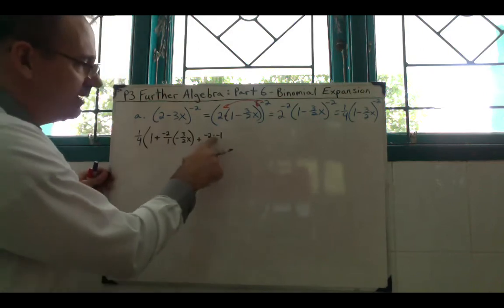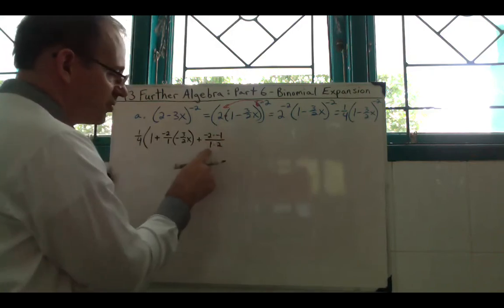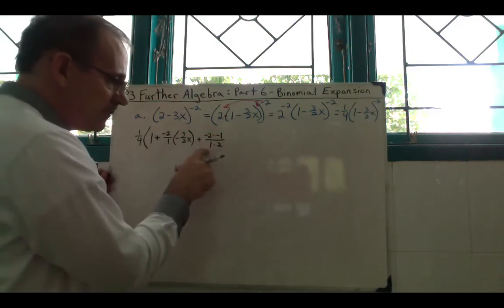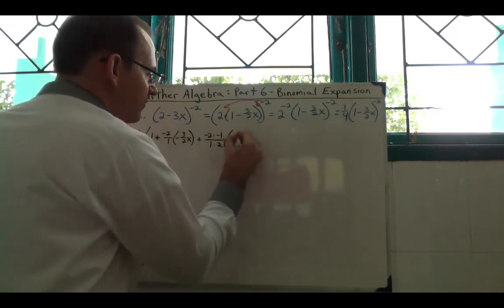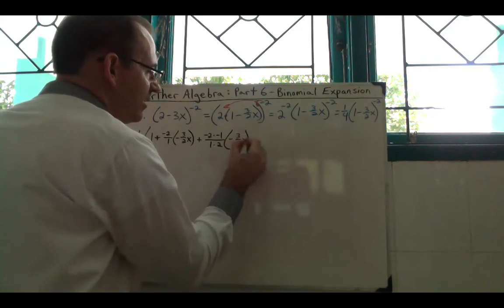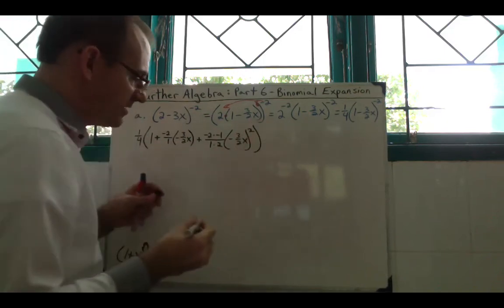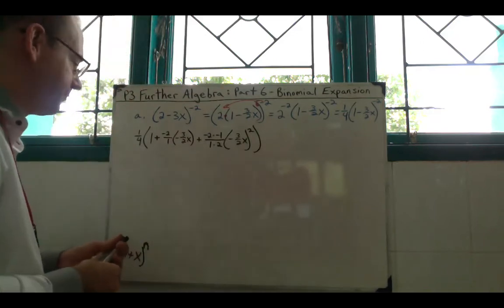So here's n times n minus 1 over 1 times 2. So the top numbers decrease by 1, the bottom numbers increase by 1. Then we have our negative 3 halves x squared, and that's as far as we need to go because it says to only go up to the x squared term.